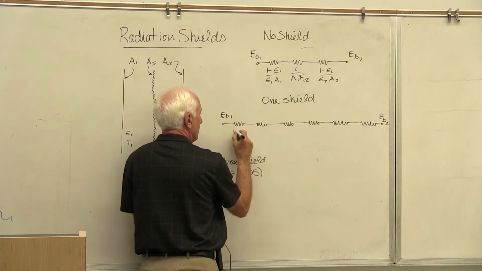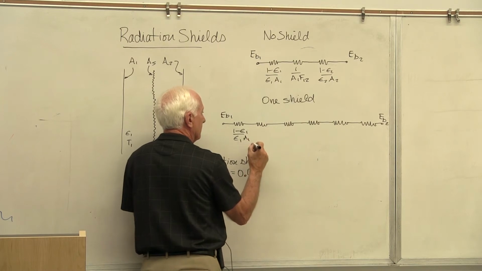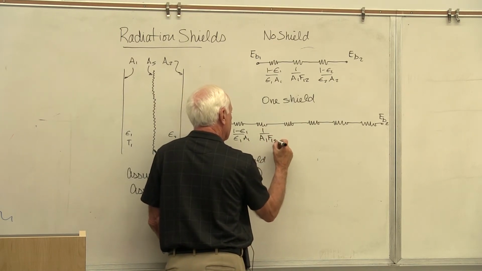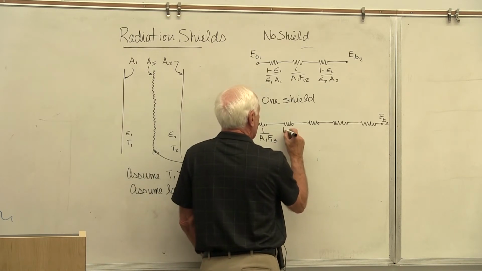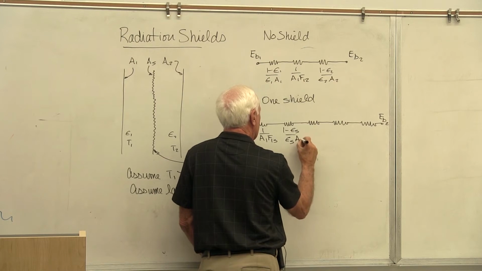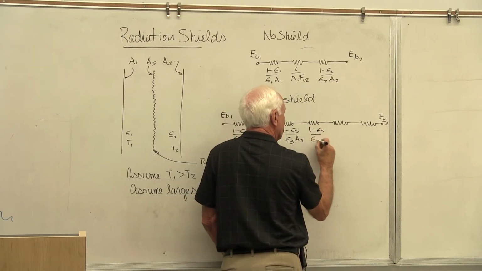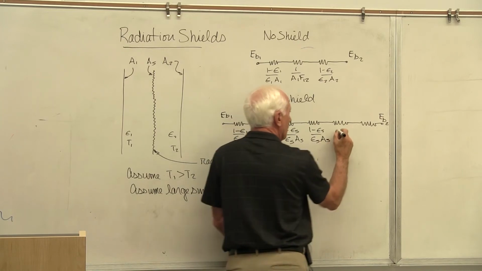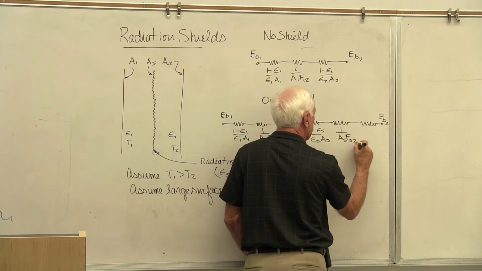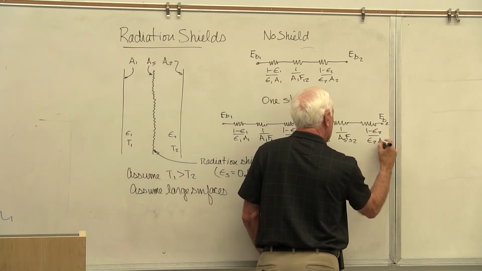Surface resistance, 1 minus epsilon 1 over epsilon 1 A1. 1 over A1 F1 shield. 1 minus epsilon shield over epsilon shield A shield. 1 minus epsilon shield over epsilon shield A shield. 1 over A shield F shield 2. 1 minus epsilon 2 over epsilon 2 A2.